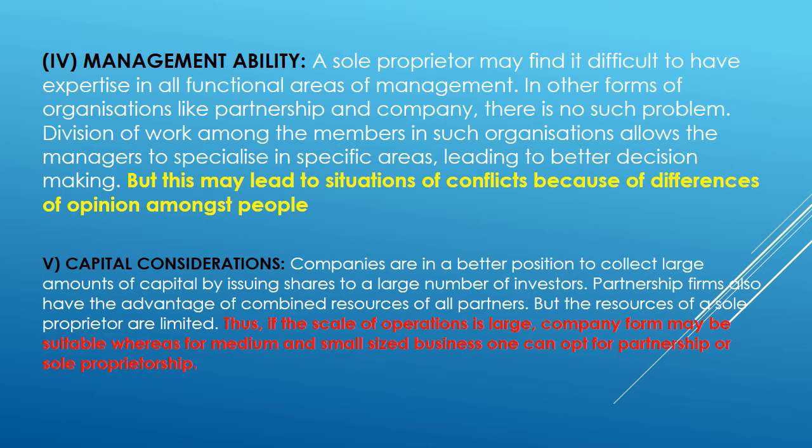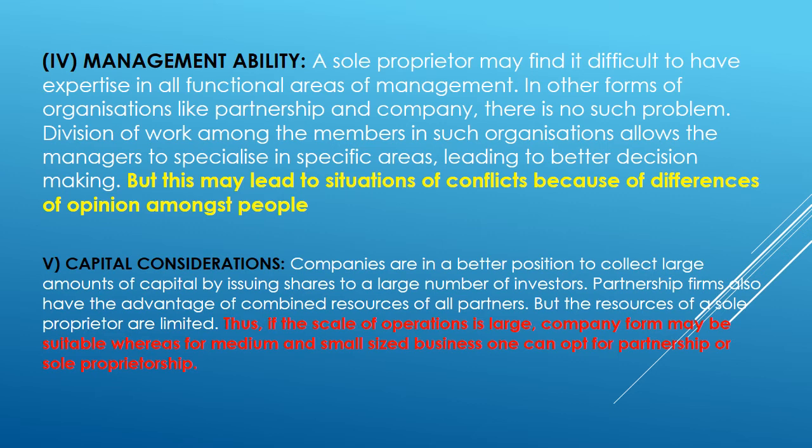So what happens here? People will be there to manage your various activities, but there are a lot of conflicts that come with differences of opinion, saying I don't agree to this, I agree to this. So you need to take this into consideration and see which form of organization is better.